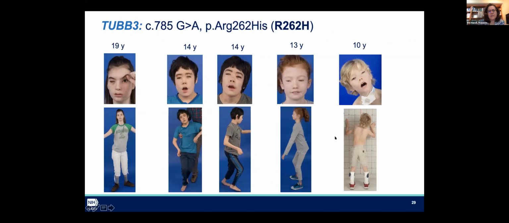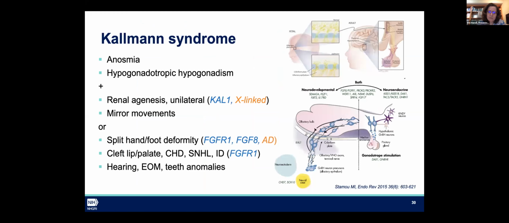And Kallmann is a range of phenotypes with other mutations in this gene. The kids have severe facial palsy, ptosis, abnormal vertical and horizontal eye movements, and this peripheral neuropathy. Some can hardly mobilize, and it's progressive.